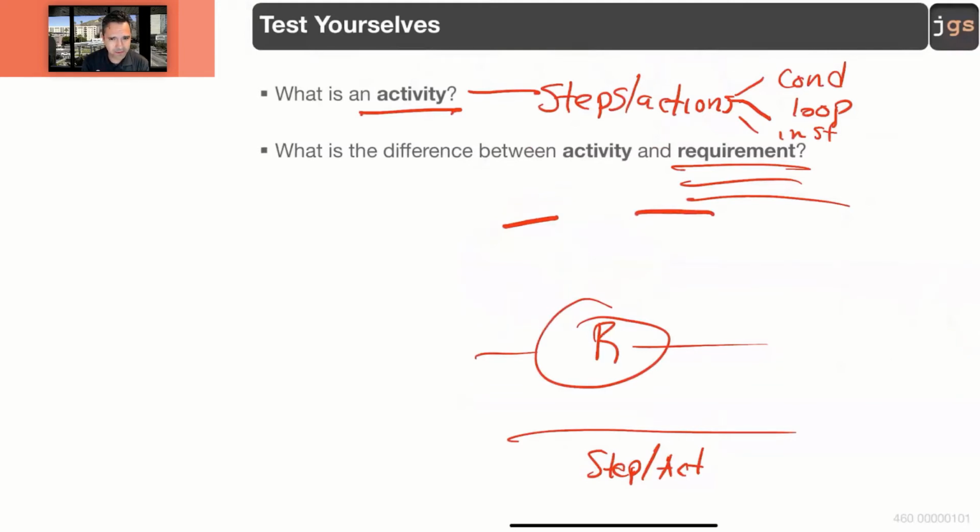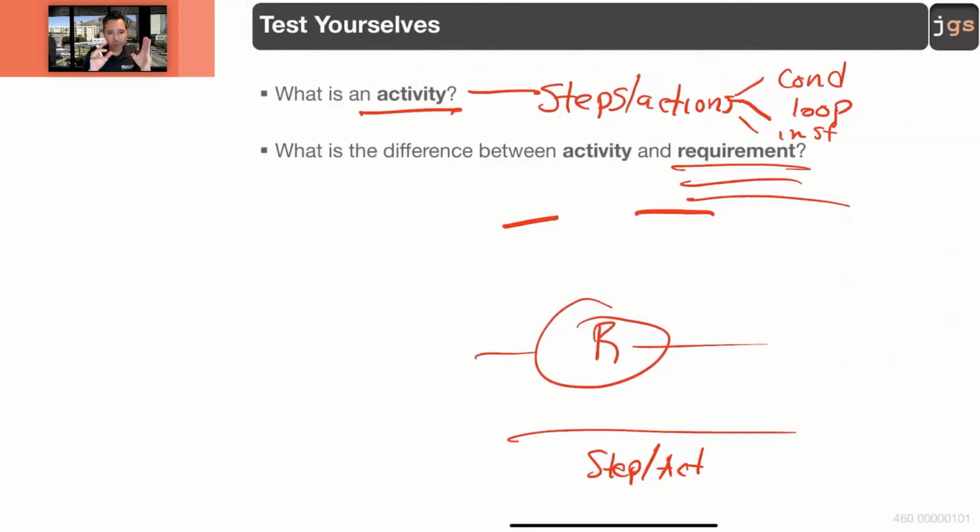Makes sense? Again, the activity is the detail, the specific things that are going to happen in order to accomplish the requirement. The requirement is a service, a functionality, something that the software is going to do. The details about how to make that happen are the activities.